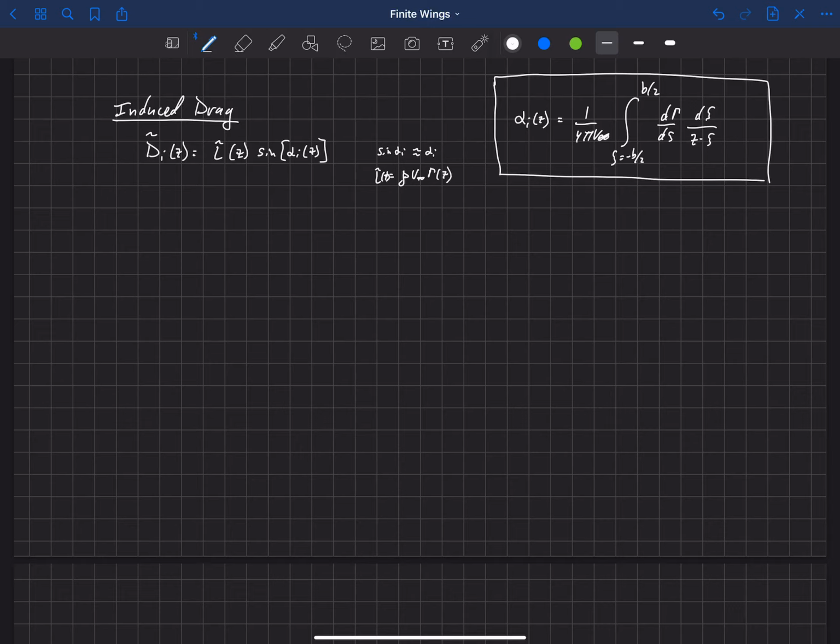So put that in there, gamma of z. We can plug both of those in, and what we get is that the induced drag is very close to rho V infinity times gamma of z times alpha I at that z location.